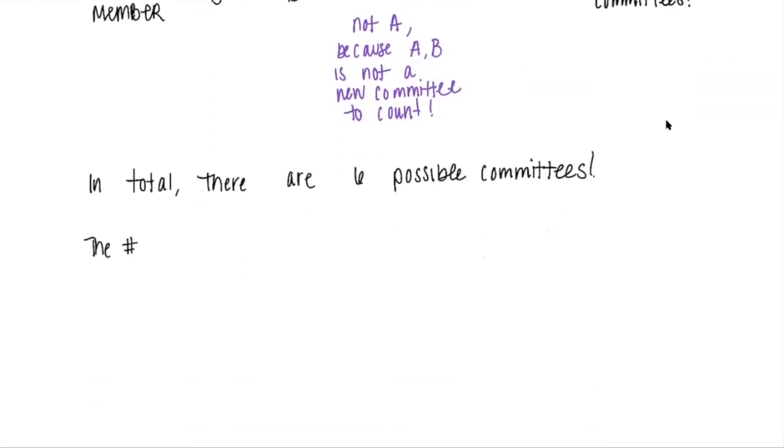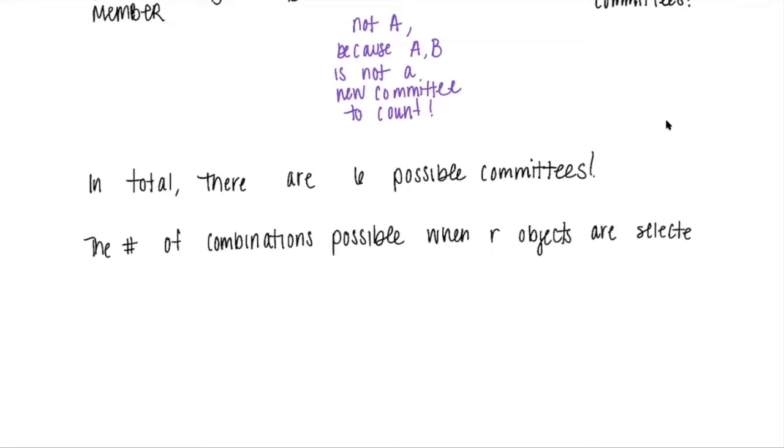The number of combinations possible when R objects are selected from N objects is found by, from N, we're choosing R of them.